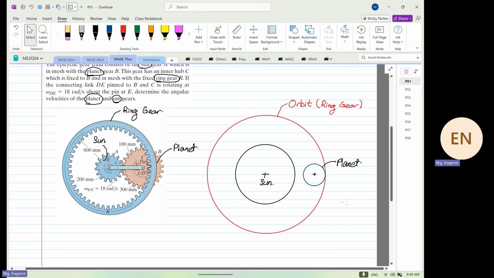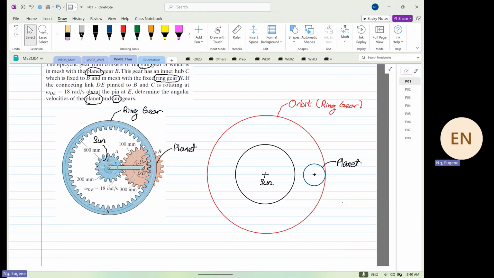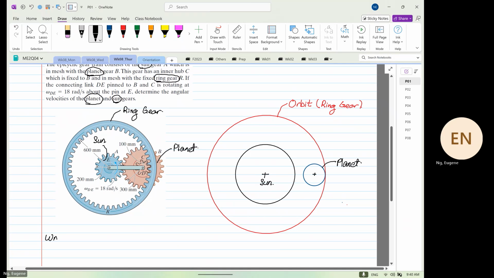So what is given to us is omega D equal to positive 18K radians per second.